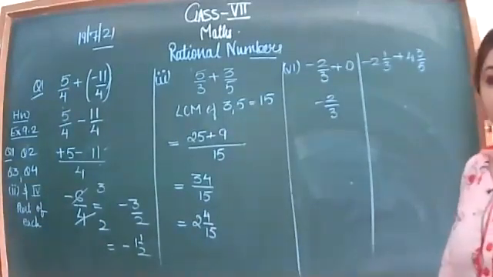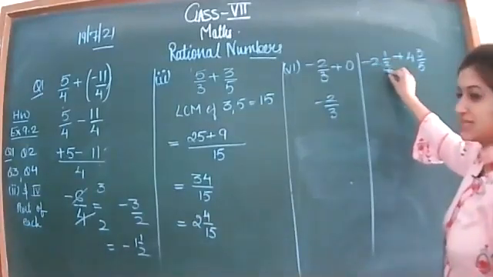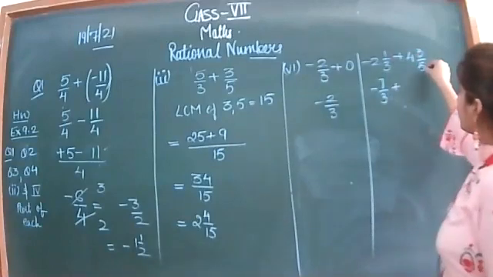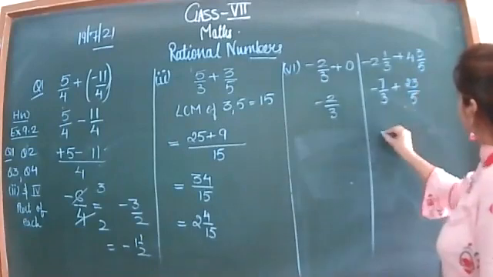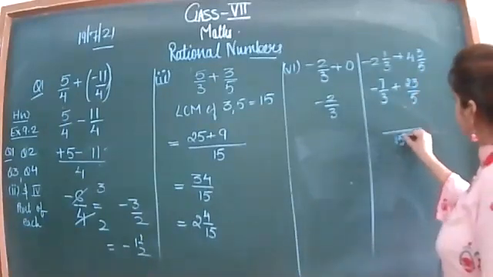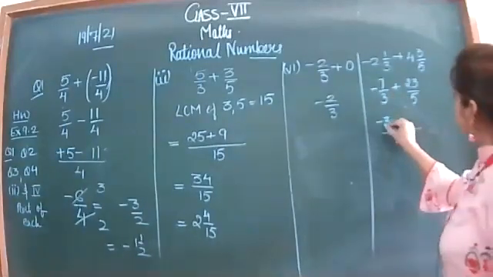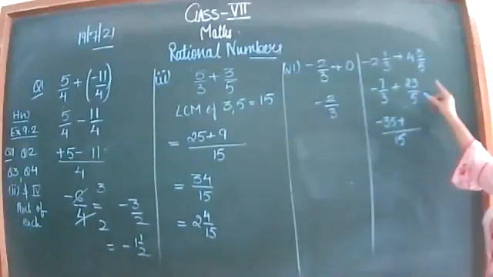Firstly, you will convert this mixed fraction into improper fraction. 2 3s are 6 plus 1, 7 upon 3. 4 5s are 20 plus 3, 23 by 5. LCM of these is 15. 15 divided by 3 is 5. 7 5s are 35. 15 divided by 5 is 3.